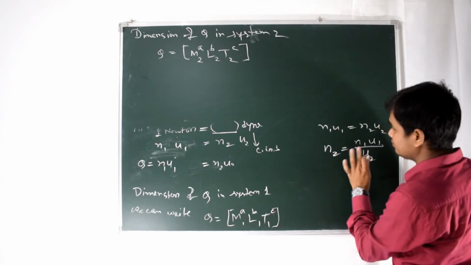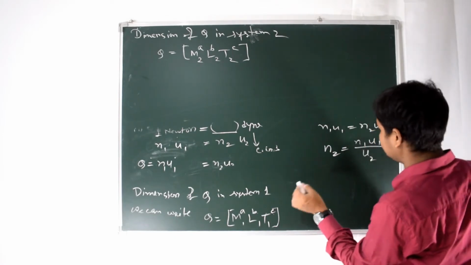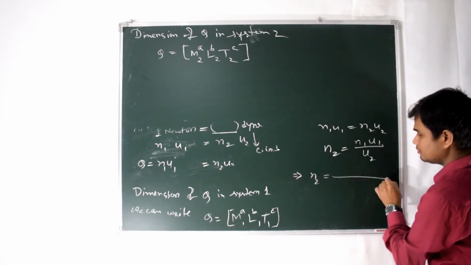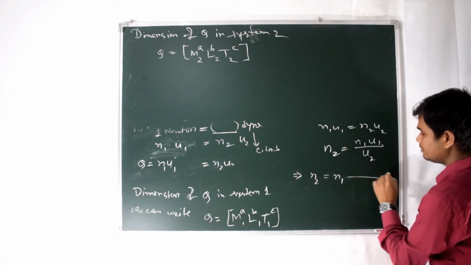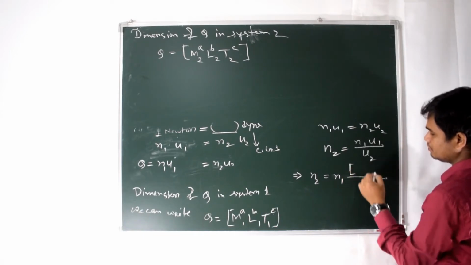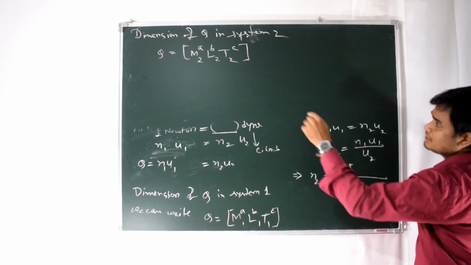Here, as we are finding N2, N1 should be there, and U1 is the physical quantity represented in the first system.